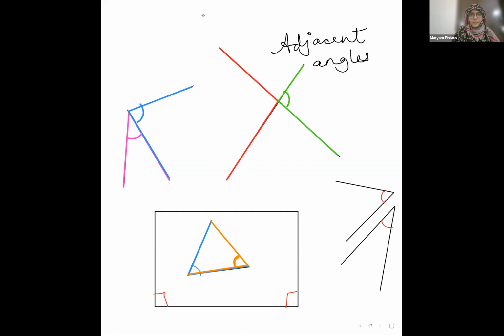Are you there, Hiba? Yes. Okay. So adjacent angles are angles which have a common arm and a common vertex. Okay, for example, take a look at the figure 5.8 on page number 97.